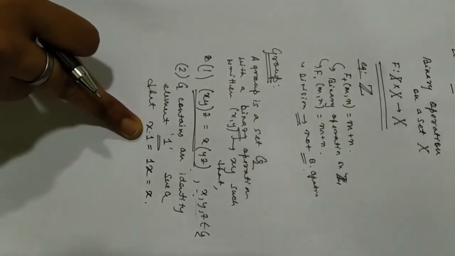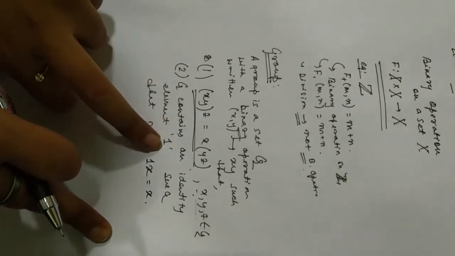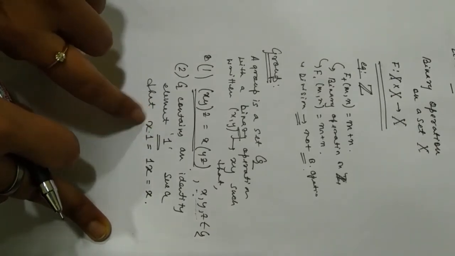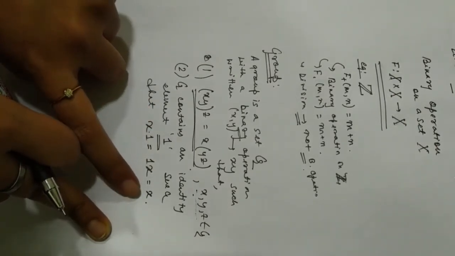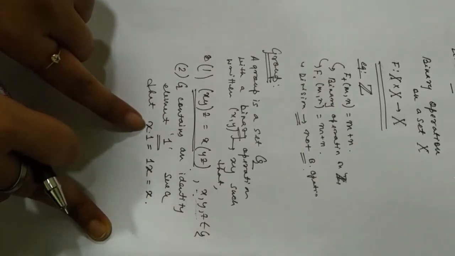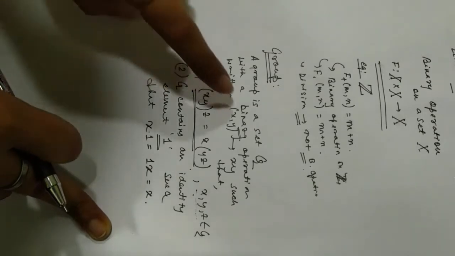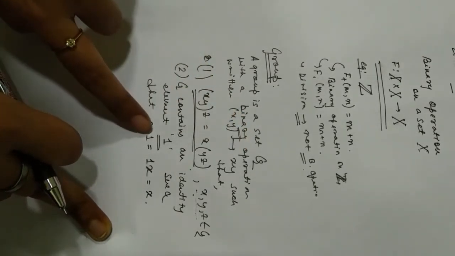That means when we take the identity element of the group and any other element, and we perform the binary operation on both the elements, we get the initial element. That means x dot 1 is equal to 1 dot x is equal to x. If the binary operation associated with a group is plus, then over here we will have plus.